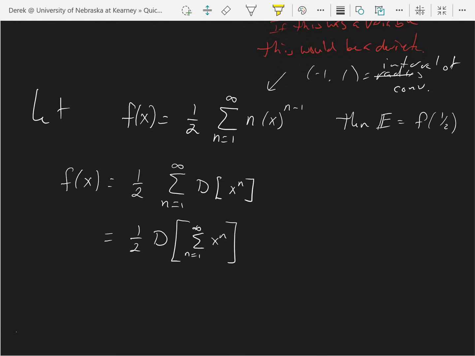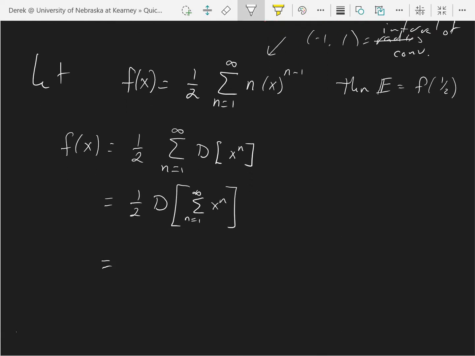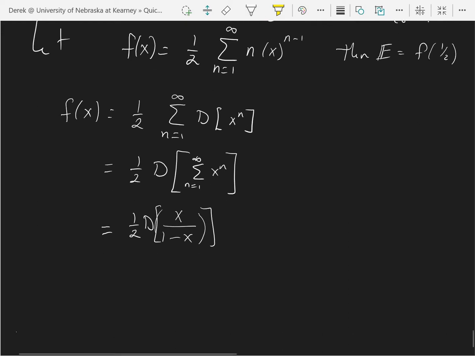And now I do actually have a geometric series here. This is equal to 1/2, and that geometric series adds up to x over 1 minus x. And I need to take the derivative of that yet. But I can use a product rule on that, or a quotient rule.